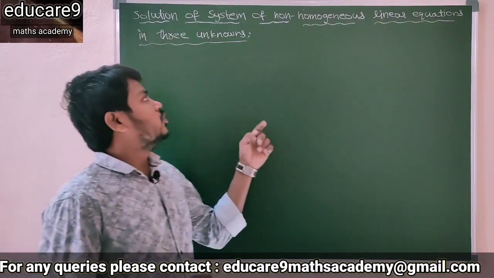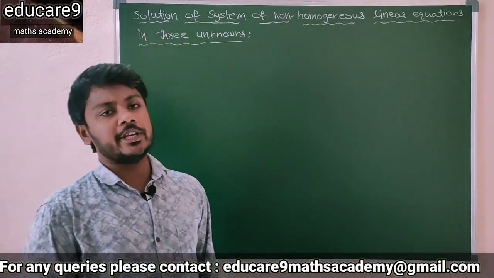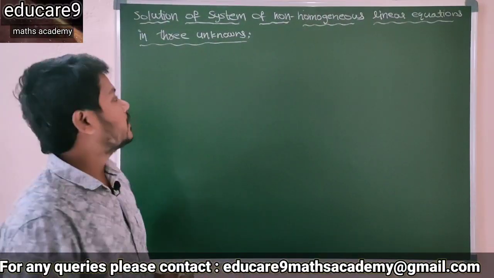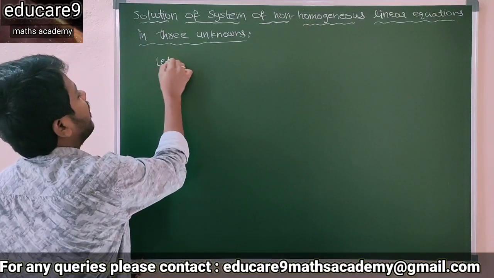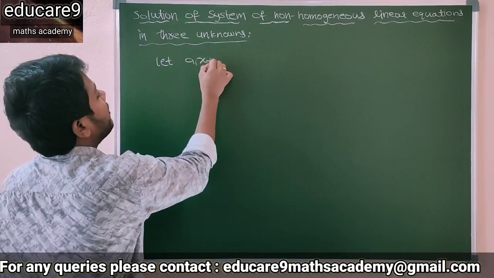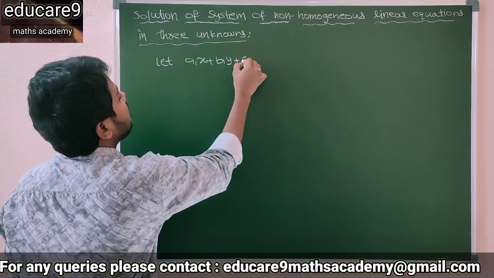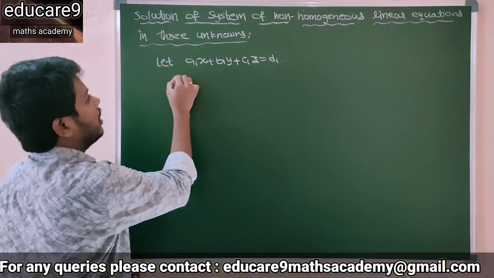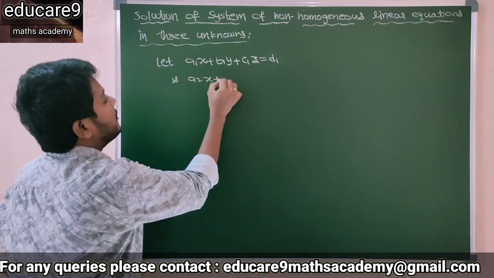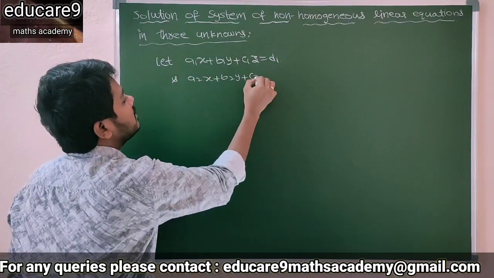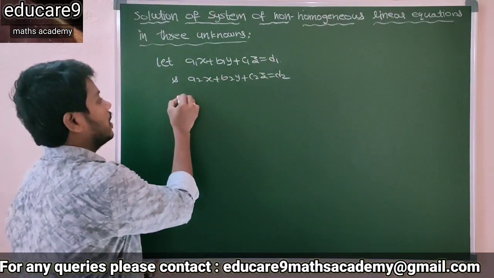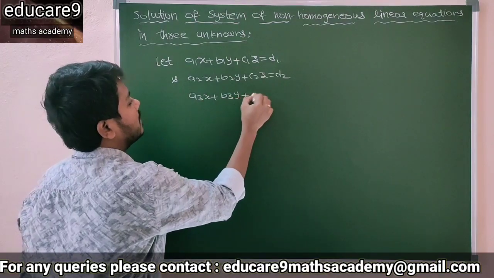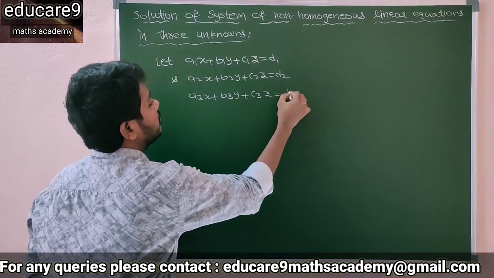Next, the solution of a system of non-homogeneous equations in three variables. Let us consider a1x plus b1y plus c1z is equal to d1, a2x plus b2y plus c2z is equal to d2, and a3x plus b3y plus c3z is equal to d3.